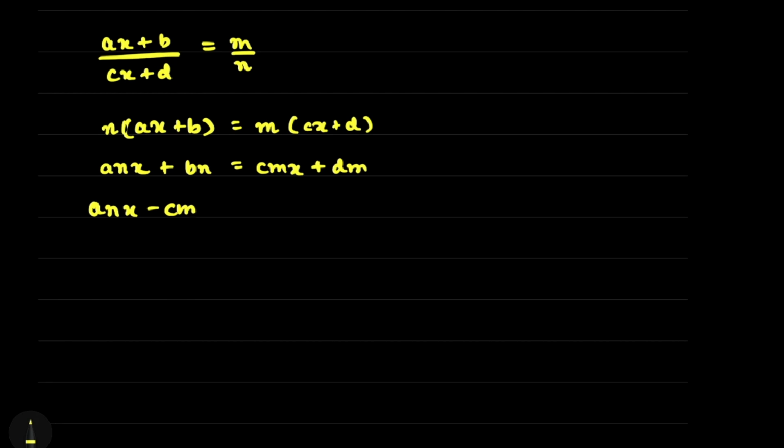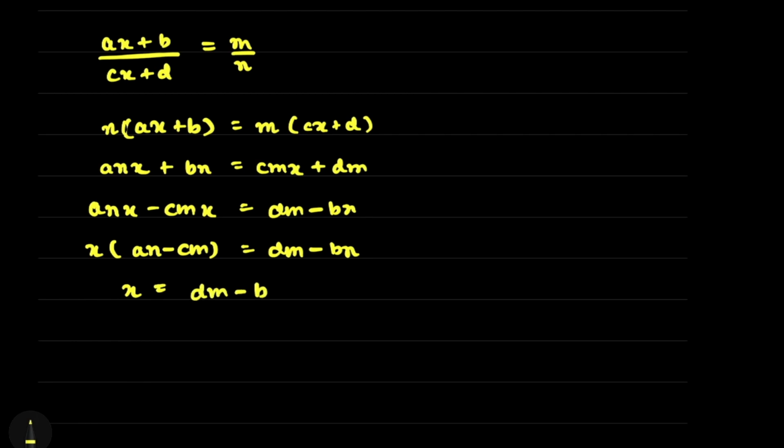Anx minus cmx is equal to dm minus bn. You can take x as common. So x times (an minus cm) is equal to dm minus bn. And then x can be written as (dm minus bn) over (an minus cm). So that's how we can solve for x when there is an equation that is reducible to a linear equation.